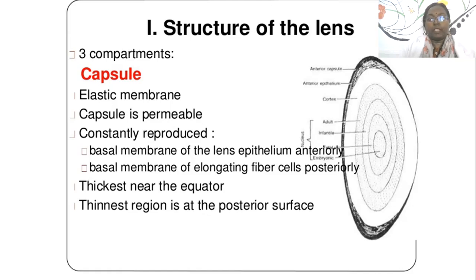It's permeable and constantly reproduced by the basal membrane of the lens epithelium anteriorly and elongating fibers that are present posteriorly. And lens is thickest at the equator. The thinnest region is at the posterior surface.